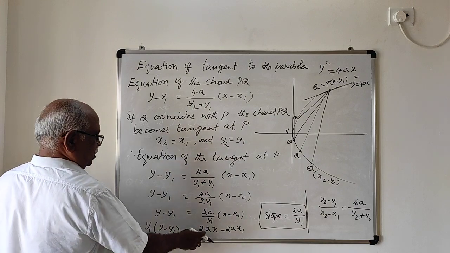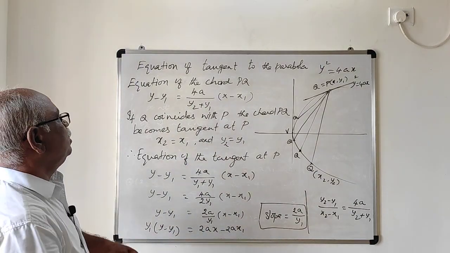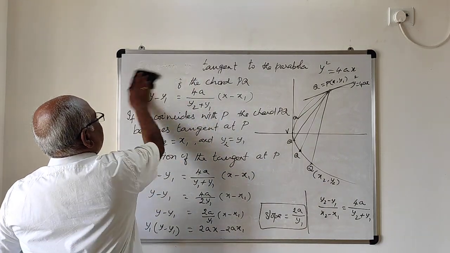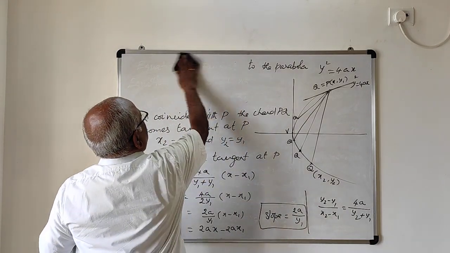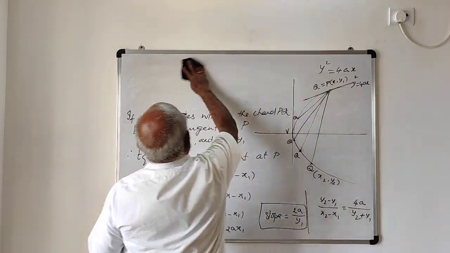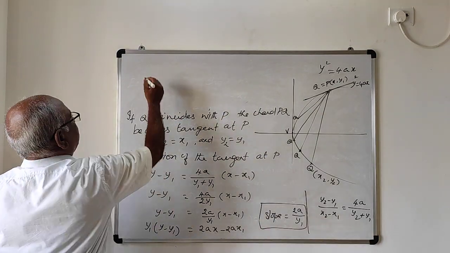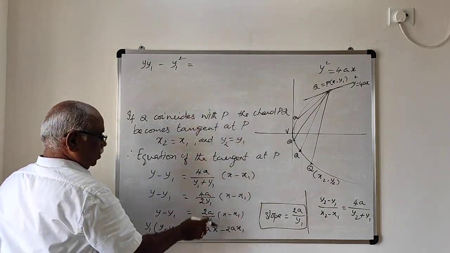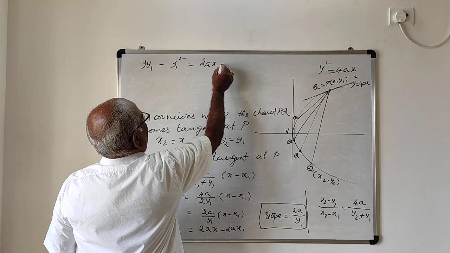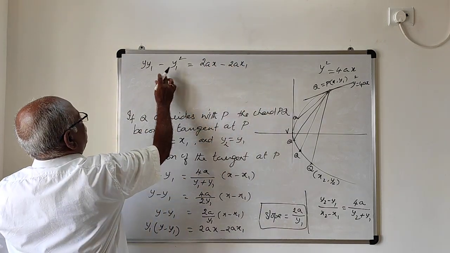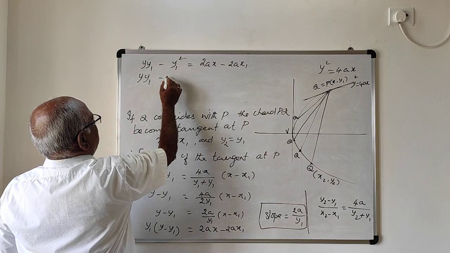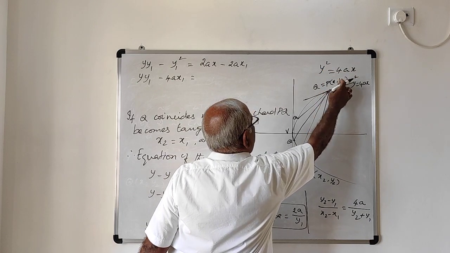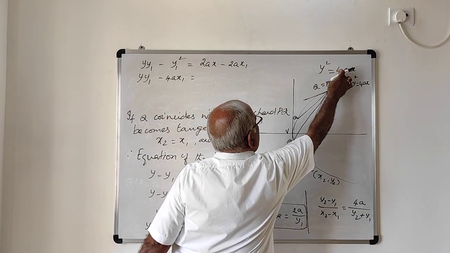Now this equation, further simplification: multiplying with y1, we get y1 y minus y1 square equal to 2ax minus 2ax1. You know y1 square is 4ax1, because the point (x1, y1) is a point on the parabola, therefore y1 square equals 4ax1.